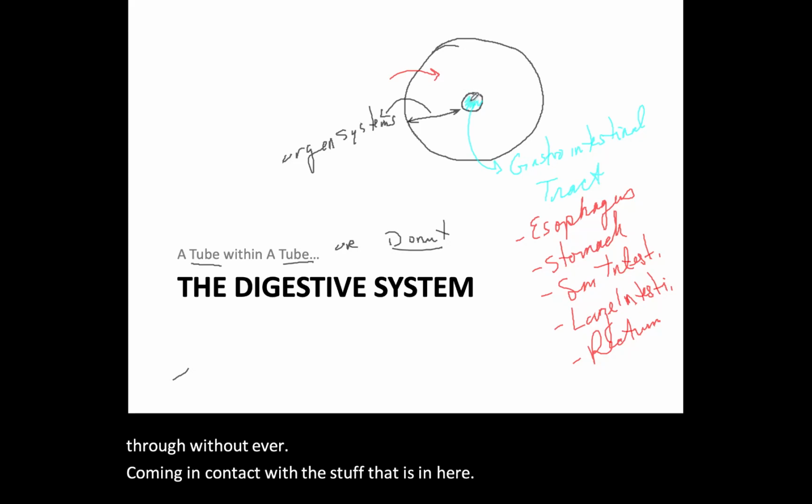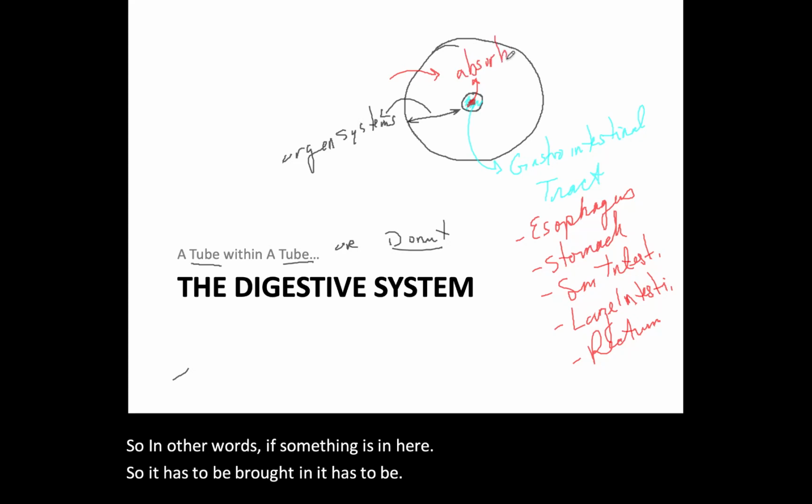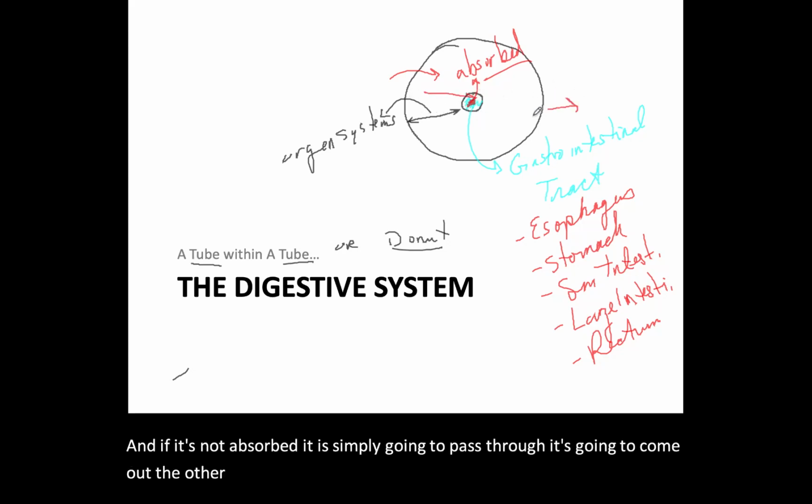So in other words, if something is in here, it has to be brought in. It has to be absorbed. And if it's not absorbed, it is simply going to pass through. It's going to come out the other end just as easily as it came in, and so it will never come into this larger tube.